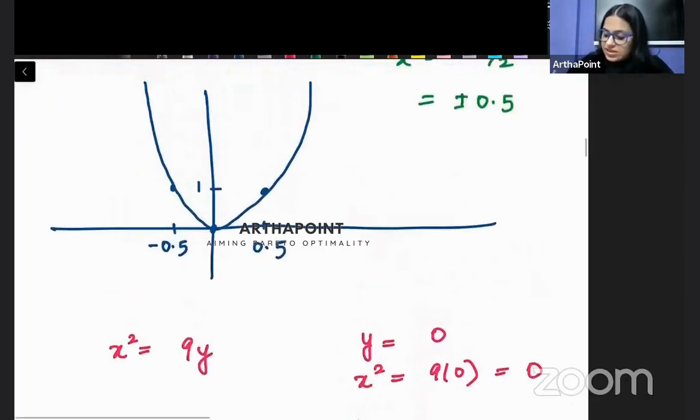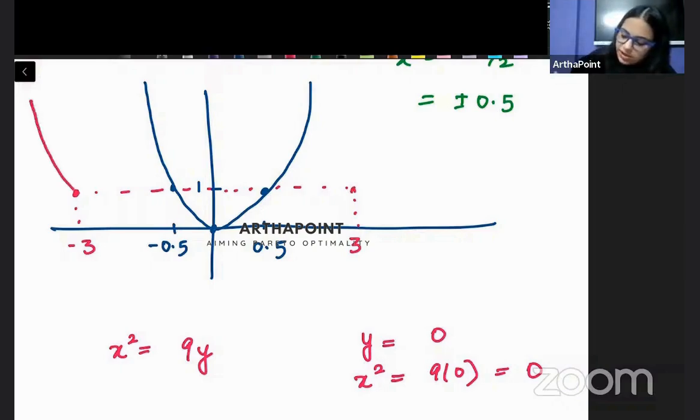So when y is 1, x will be 3 and x will also be minus 3. So if I were to plot this one, then I will be having a curve looking like this. ये हो गया मेरा दूसरा पैराबोला.